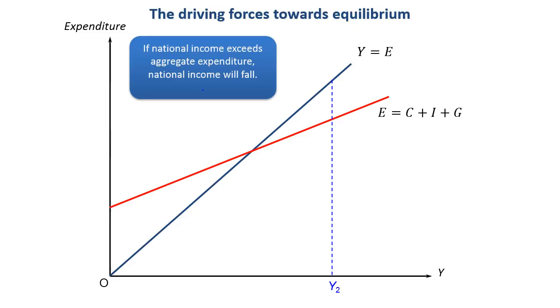Naturally, we would expect firms that have a lack of demand to reduce production. So we see output falling. So here the Keynesian cross is showing us how the economy reacts to market forces, always pushing it towards equilibrium. And when we get to equilibrium, there's no more driving force for change.